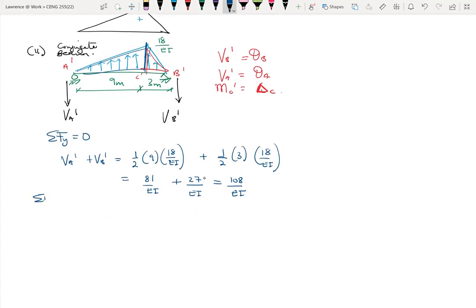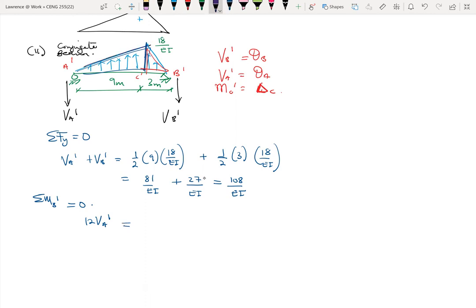Let's take moment about B prime. The summation of moment about B prime equals 0. So we have 12 VA prime equal to, first looking at the first triangle.